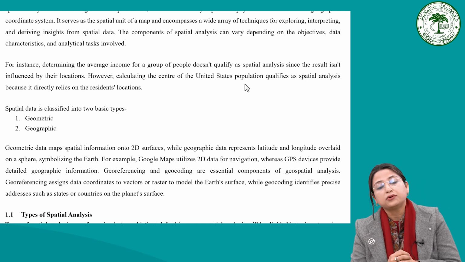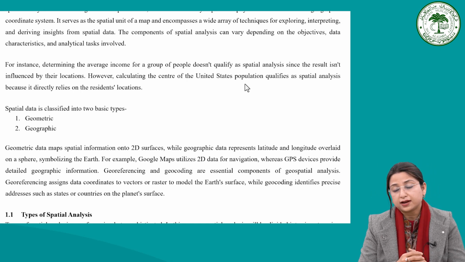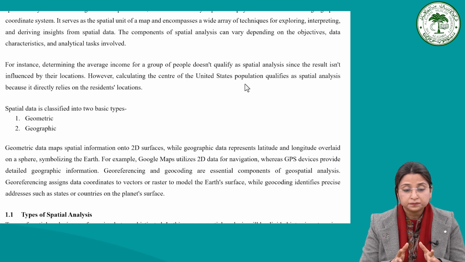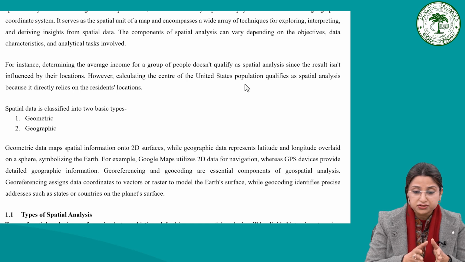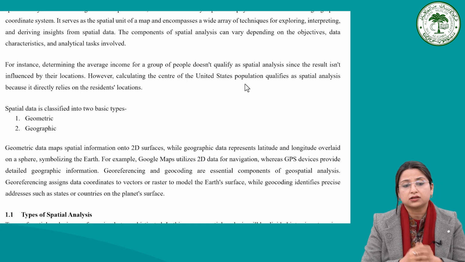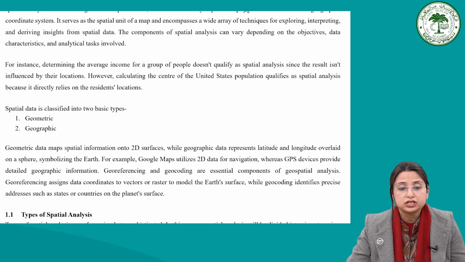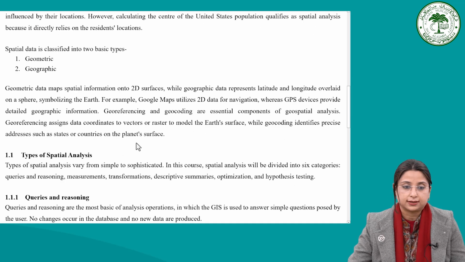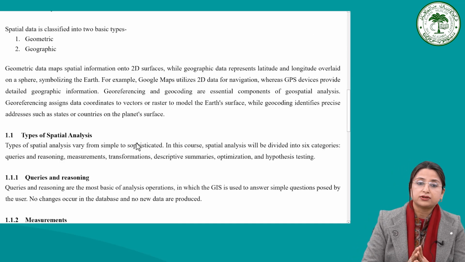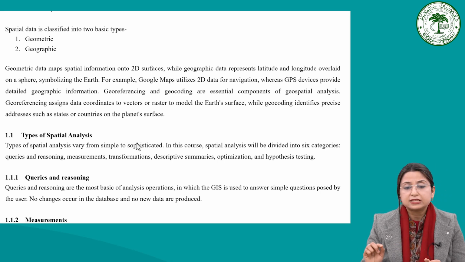When we are talking about spatial data, I have already said what spatial data is. Simply, spatial data are different phenomena, their distributions, their locations, objects, features, attributes, and characteristics of those features. They are generally categorized into geometric spatial data and geographic spatial data. Geometric data generally maps spatial information on 2D surfaces.